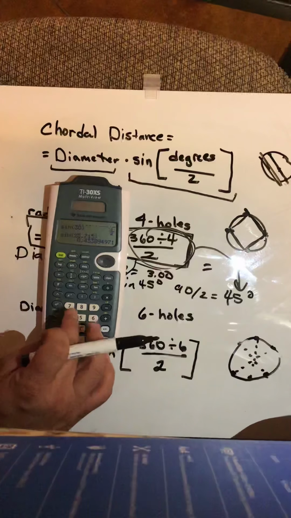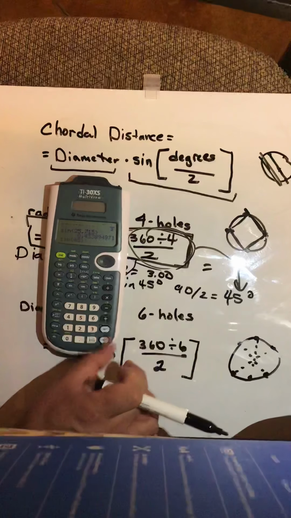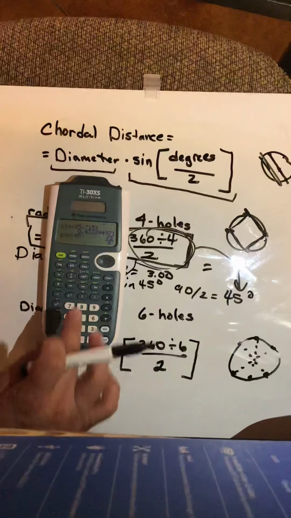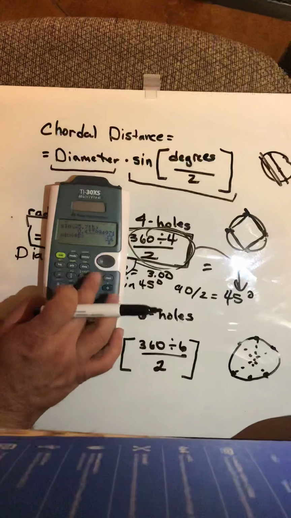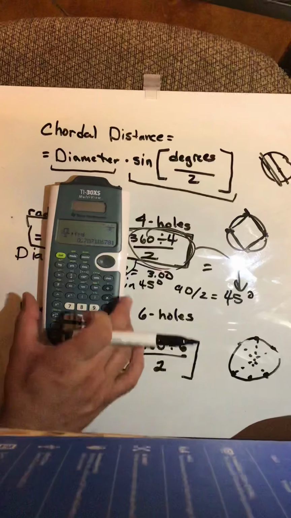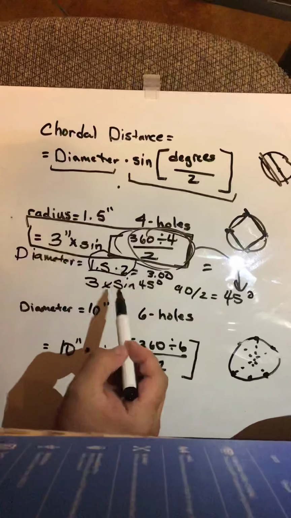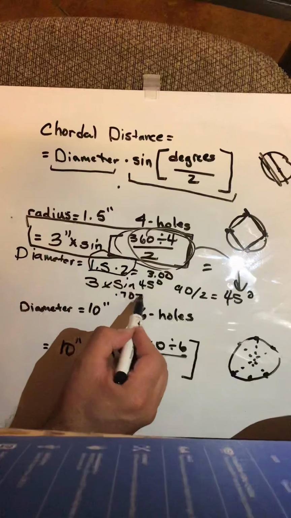First, I'm going to find the sine of 45 degrees, which gives me root 2 over 2, and if I change that into decimal form, it's 0.707.